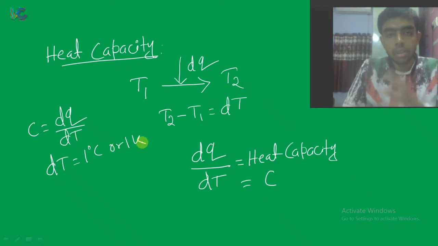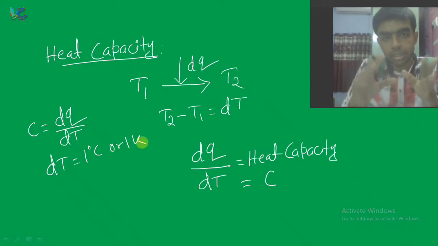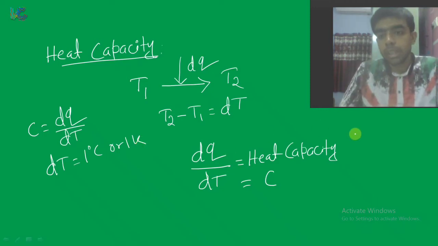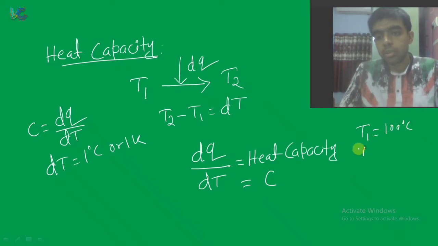When I am saying 1 degree centigrade or 1 Kelvin, both are the same when I am talking about the change in temperature. Suppose T1 is 100 degree centigrade and T2 is 101 degree centigrade. In this case dT will be T2 minus T1, that means 1 degree centigrade.